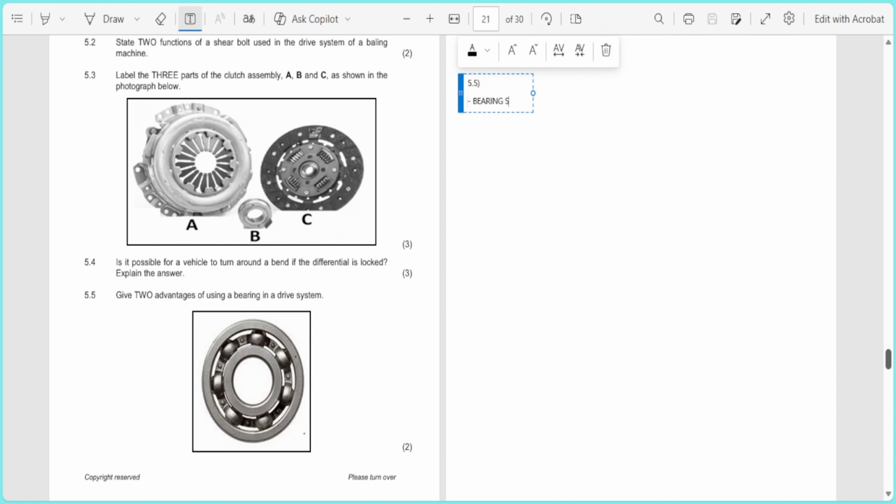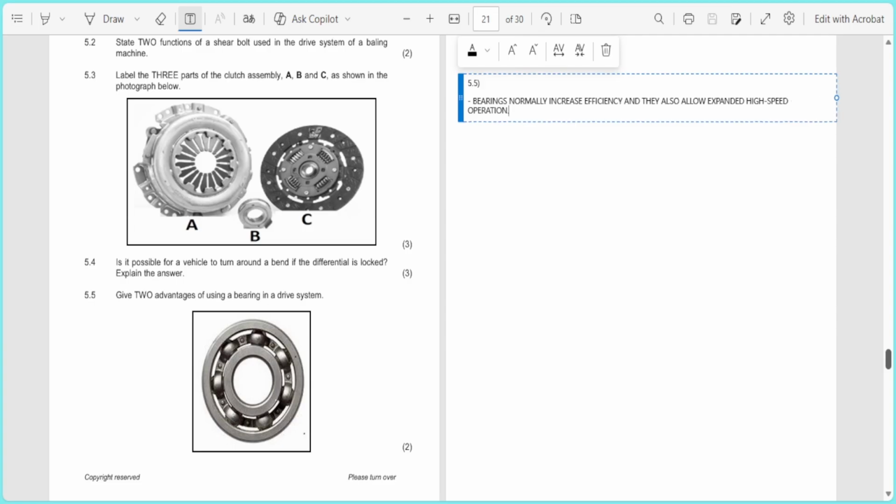Bearings normally increase efficiency, and they also allow expanded high speed operation.